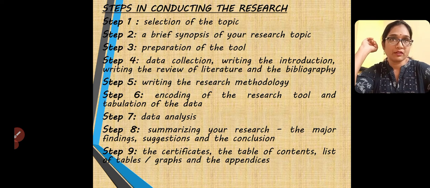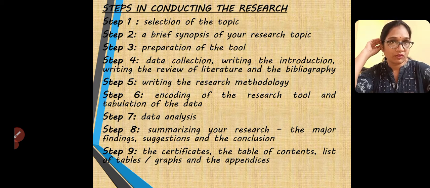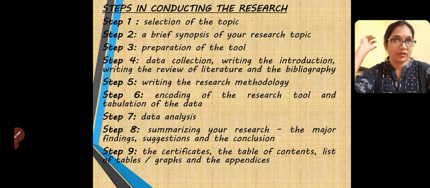Fifth is writing the chapter on research methodology. Sixth is encoding of the research tool and tabulation of the data. Seventh is data analysis. Eighth is summarizing your research, that is writing the chapter on the major findings, suggestions and the conclusion. And the ninth step is writing the certificates, the table of contents, list of tables, graphs and the appendices.